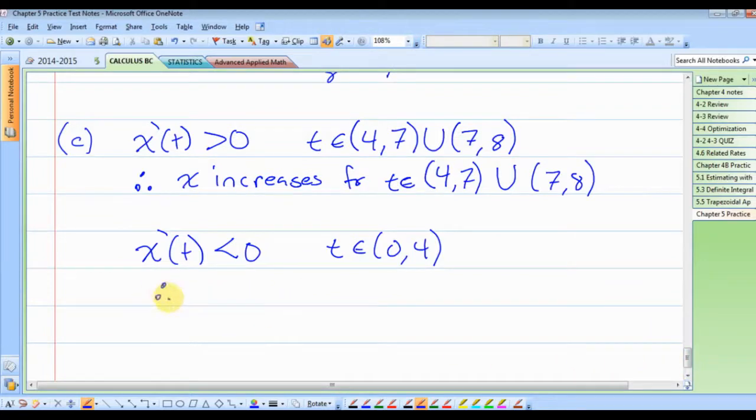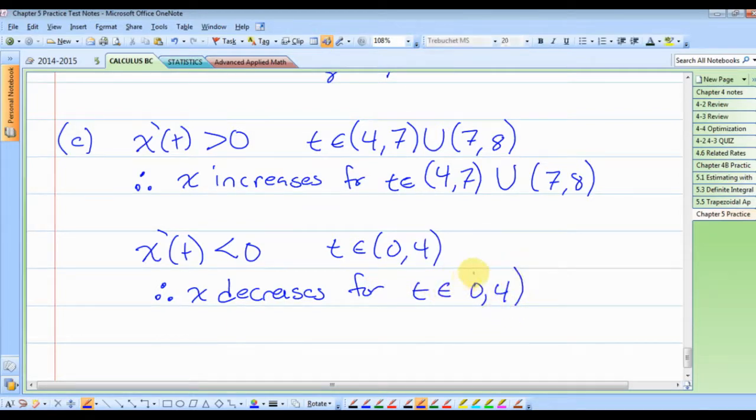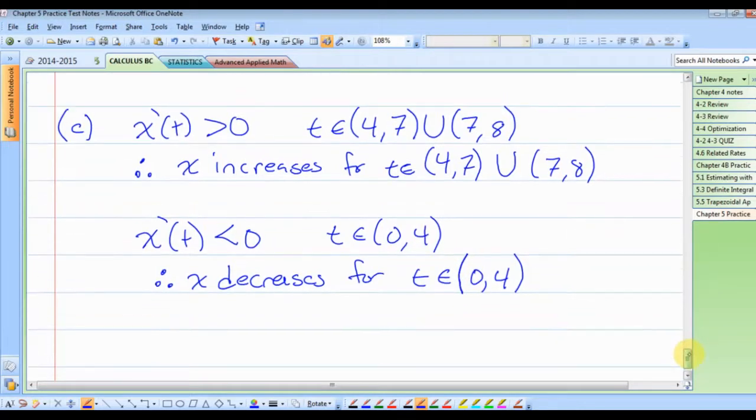Therefore, x decreases for t between 0 and 4. Questions on C? Great. Letter D.